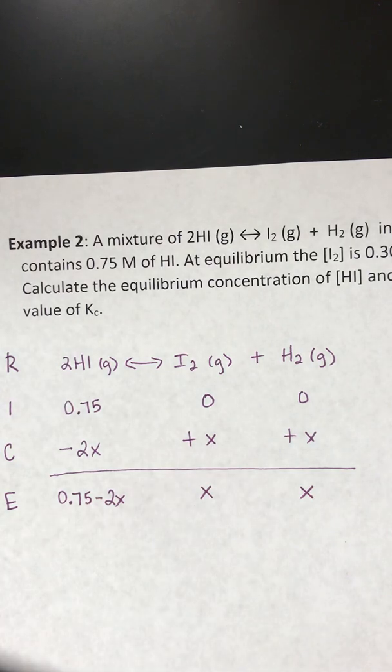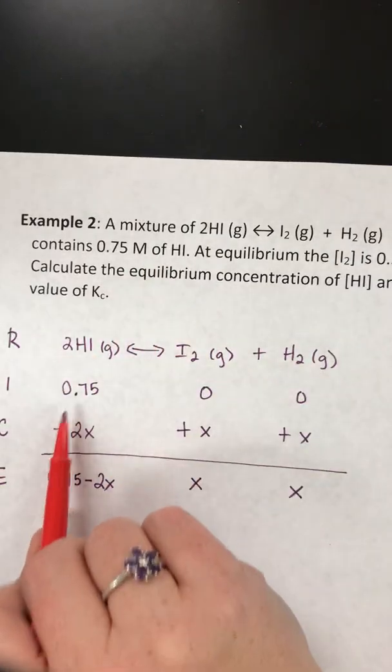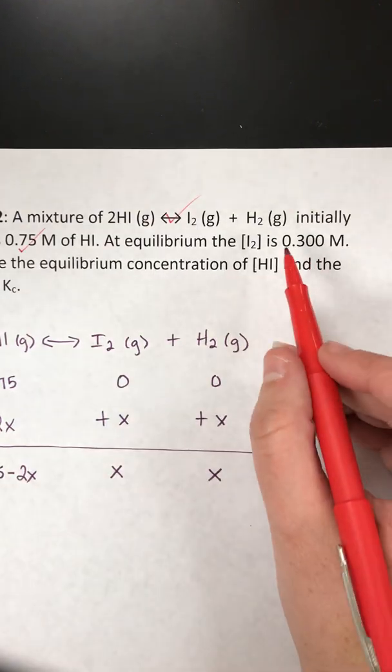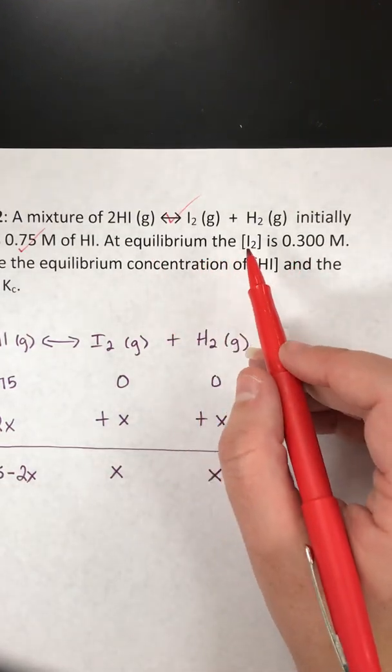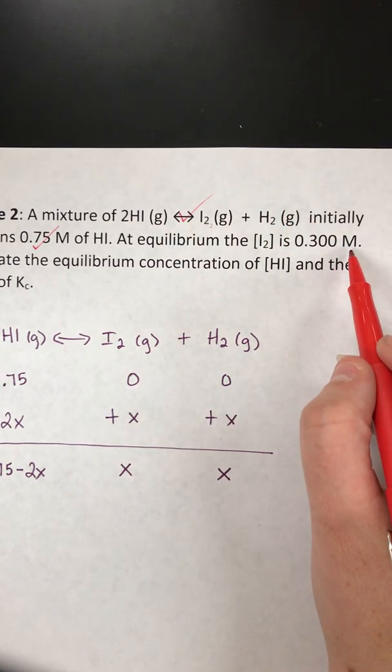Okay? So let's see what else we know. All right, if we go back and read, it says it initially contains 0.75 molarity of HI. We used that, so check. We used our reaction. All right, the next thing we were given is this at equilibrium. The I2 concentration is 0.300 molarity.